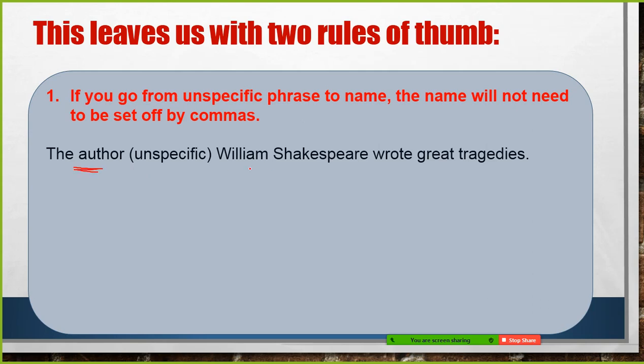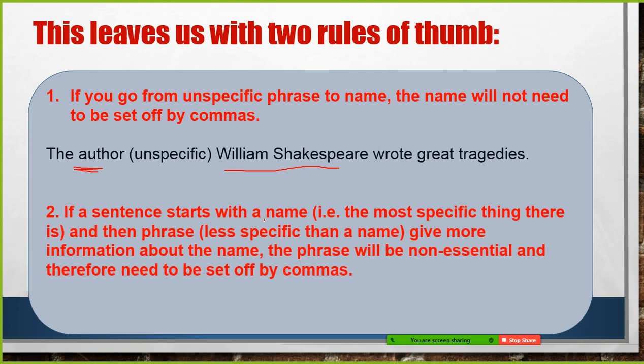I have thousands, millions of authors. Followed by William Shakespeare, a specific name. Should William Shakespeare be set off by commas or not? No, of course not, because here it is preceded by an unspecific phrase, which is the author.